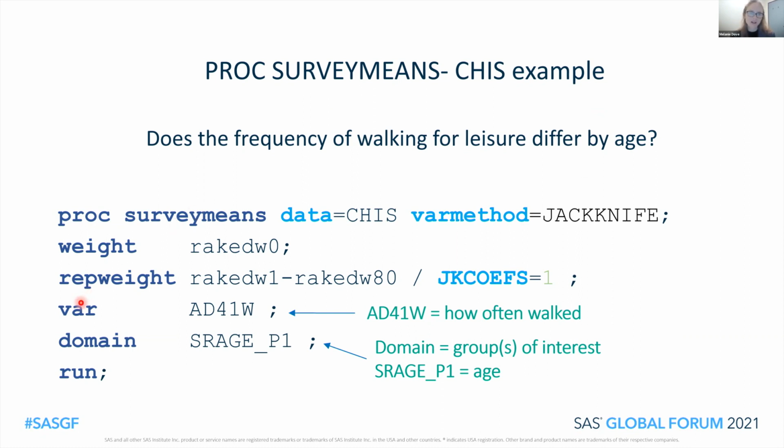Then we have our var statement where we specify our continuous variable. In this case, it's how often you walk for leisure in the past week. And then we have our domain statement, which is our categorical grouping variable. And in this case, it's age, and then a run statement.